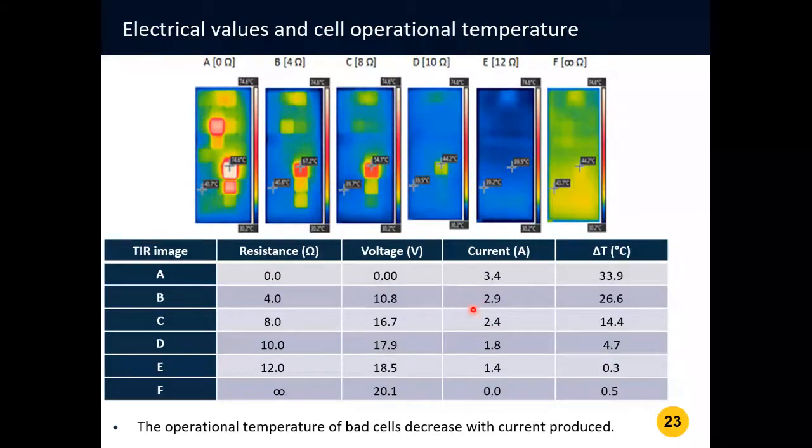Okay, this is showing a decrease in operational temperature of bad cells due to decrease in current when load was increased.